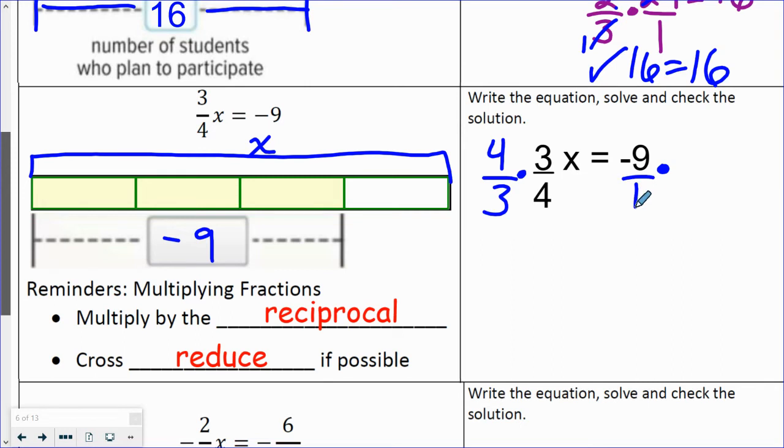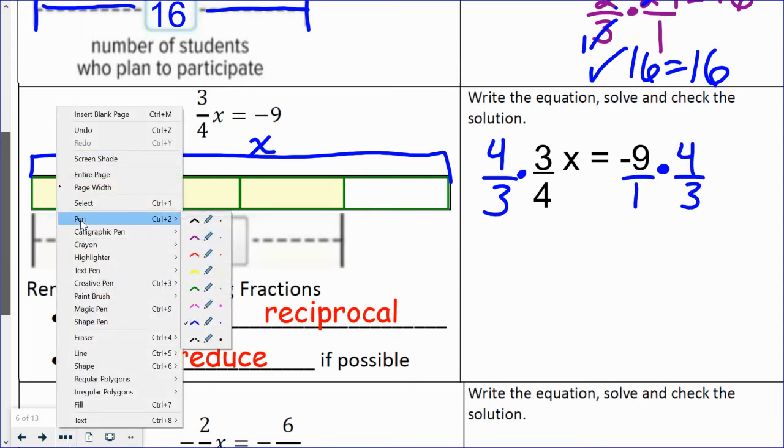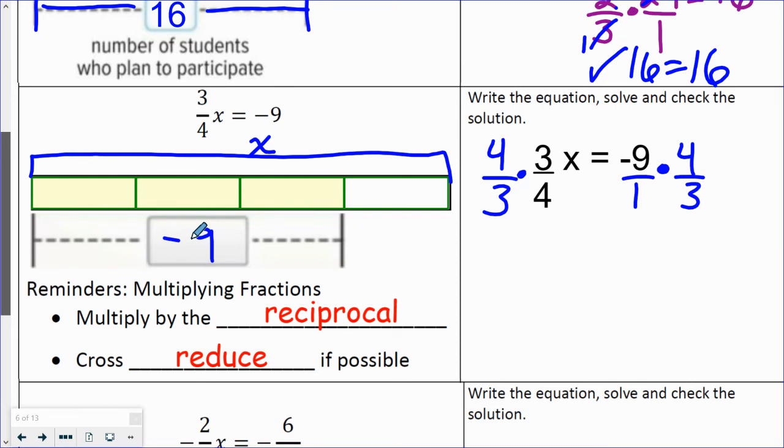I'm going to give my -9 a whole number underneath, and I'm putting 4/3 on both sides. The reasoning: my 3/3 cancels and my 4/4 cancel. They all make 1 by cross canceling.